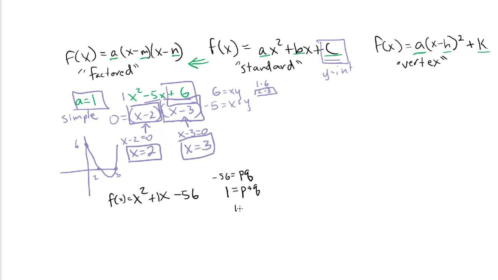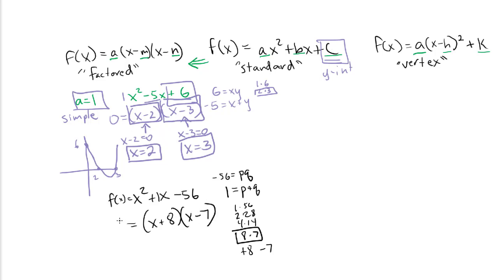Well, 56 is 1 times 56, 2 times 28, 4 times 14, 8 times 7. And right away, I see a difference of 1 with 8 and 7 that multiply out to 56. I just have to worry about the signs. I need a minus 56 and a plus 1, so that's going to be plus 8 and minus 7. My factors for this f of x are x plus 8 and x minus 7.